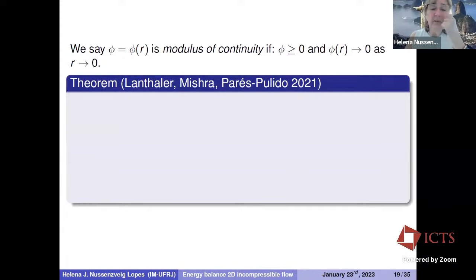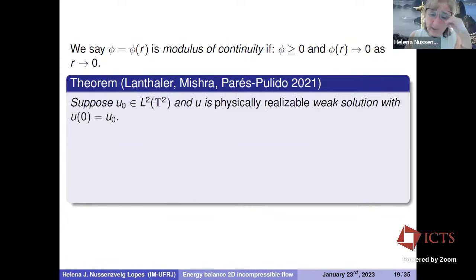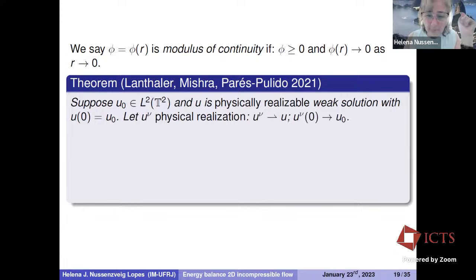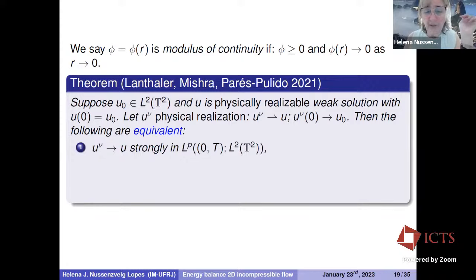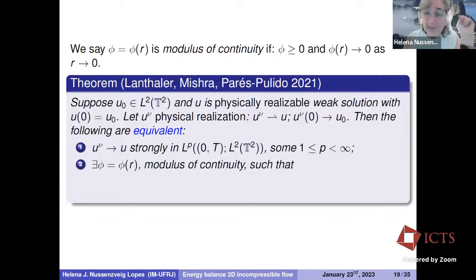So the theorem proved by Samuel, Sid, and Carlos in 2021 states that if U is a physically realizable weak solution with some initial data with finite kinetic energy on the torus, and U nu is a physical realization, then the following are equivalent. 1: U nu converges strongly to U in LP in time, L2 in space, for some p, it doesn't matter which. 2: There exists a modulus of continuity such that the time-averaged structure function is bounded by this modulus of continuity.